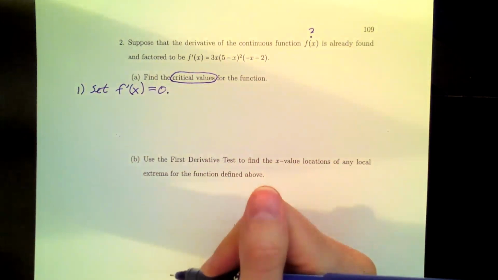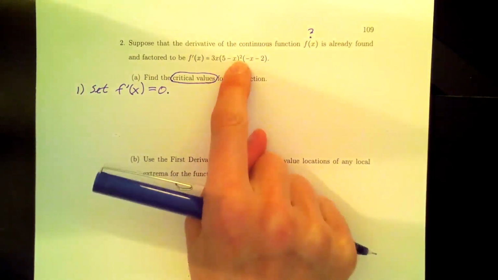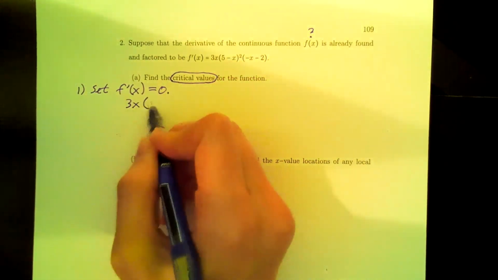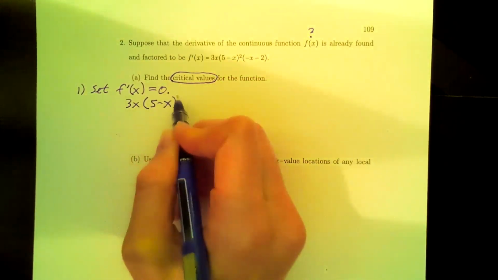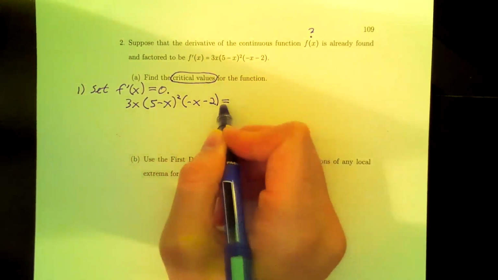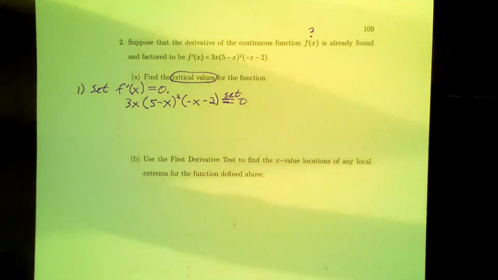That's how you get some of the critical numbers. They occur when the derivative is 0. Well, there's the derivative. It's already been found for me. Let's set that equal to 0 and have at it. So we are setting this equal to 0. We're forcing it to be 0.